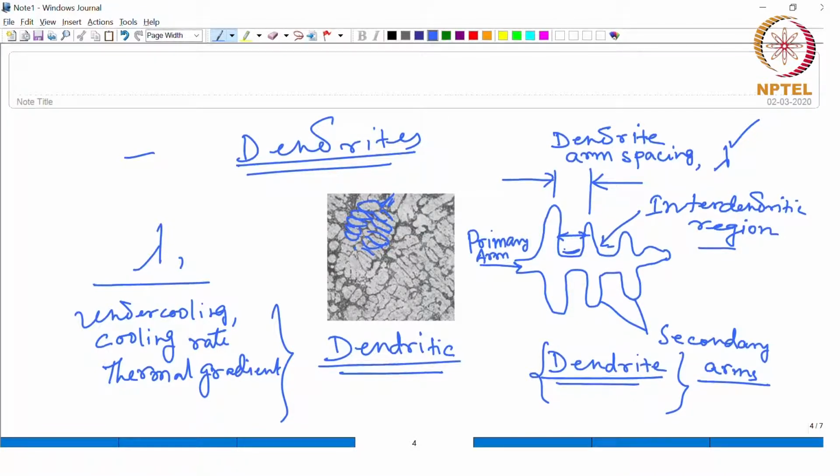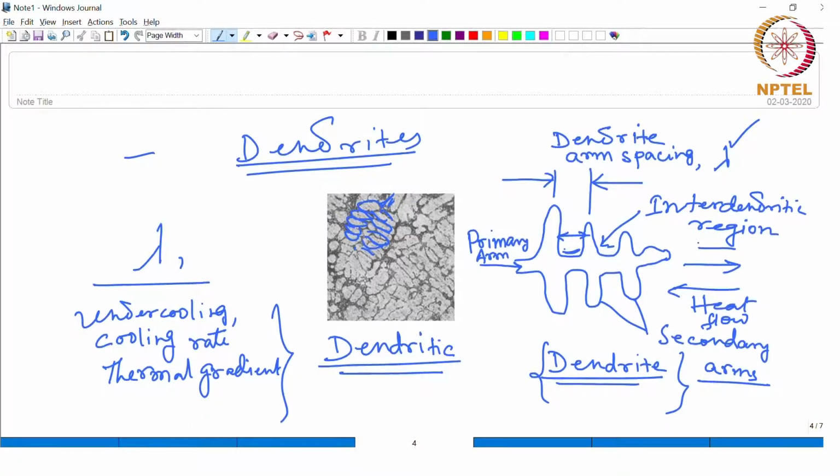Okay. So, if you see it is kind of a directional growth, it is kind of growing in this particular direction, because what happens, the heat flow direction is on the opposite side, right. So, given a chance of growing under normal conditions, this will tend to grow in the opposite side of the heat flow direction, and as a result you get this kind of structure growing in a particular direction. Okay.